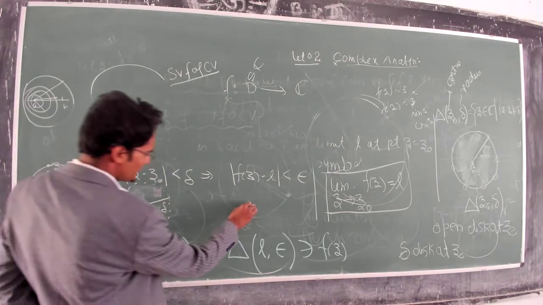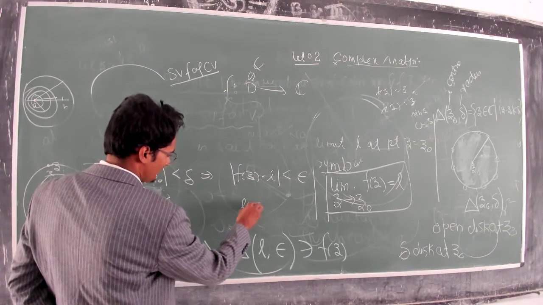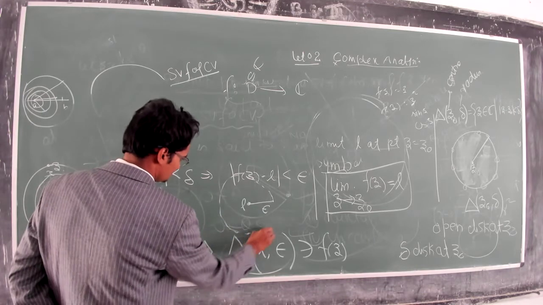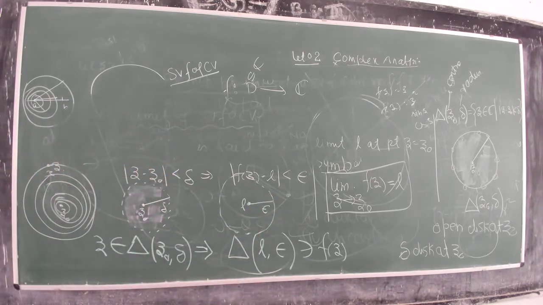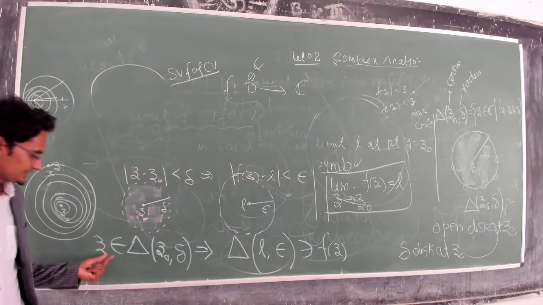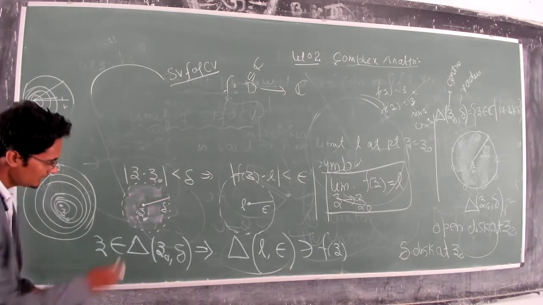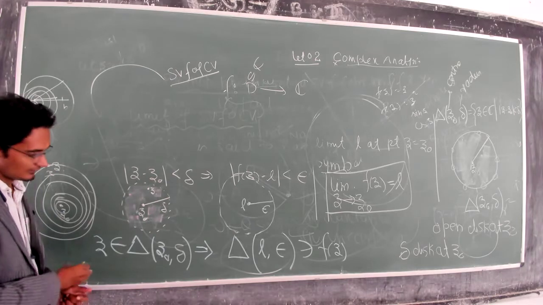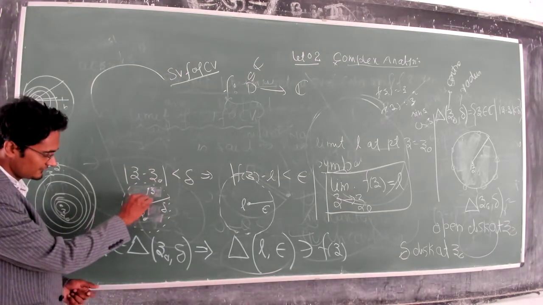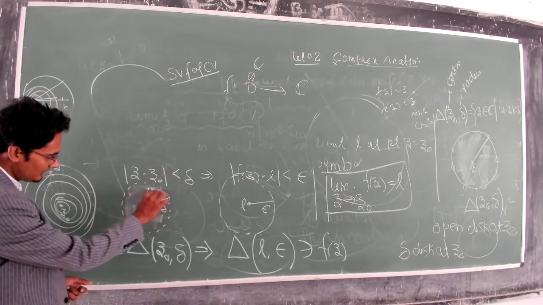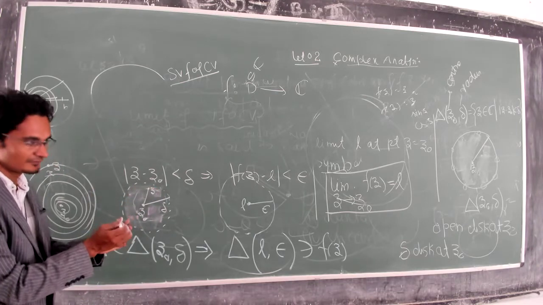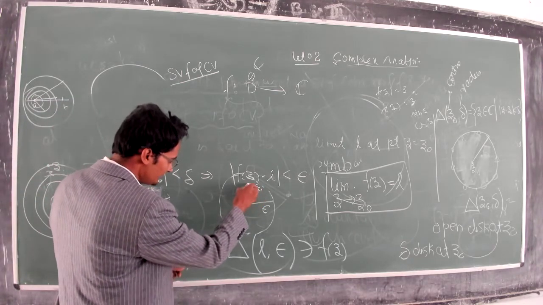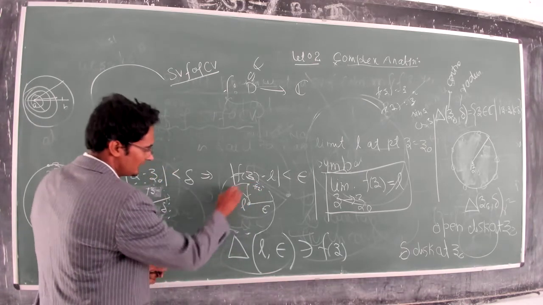See, this is somewhere L, this is epsilon. What he is telling, z belongs to here, meaning suppose z is here, coming in the form of a circle, then your f of z will be here. Then this should also come towards this way in the form of a circle.